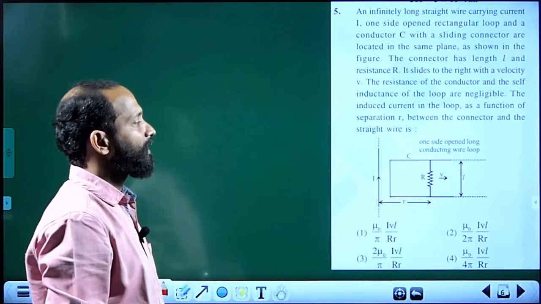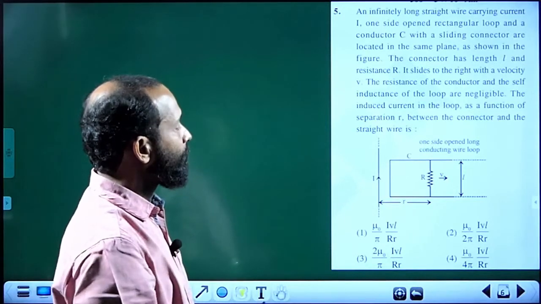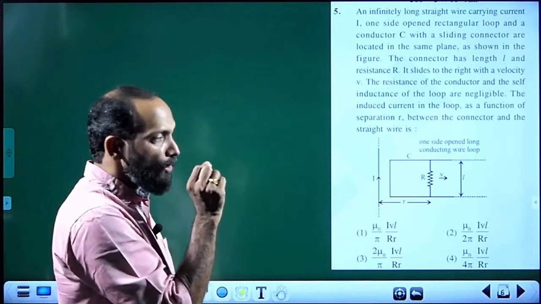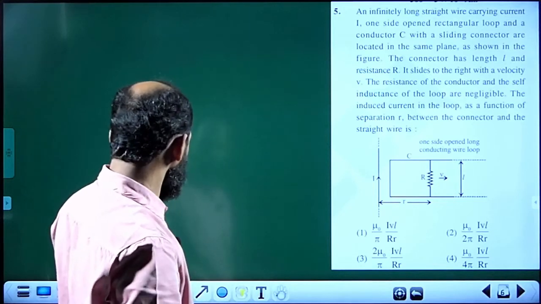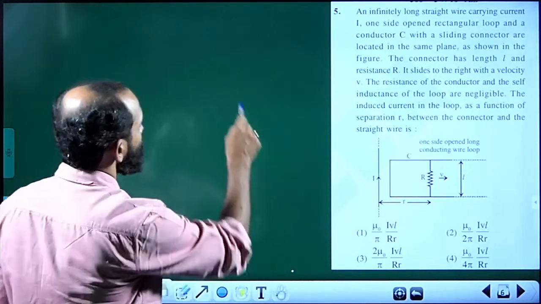Okay, the magnetic field is not uniform because the wire is moving away. But over small distances the magnetic field can be assumed to be uniform. So let us find the magnetic field equation.